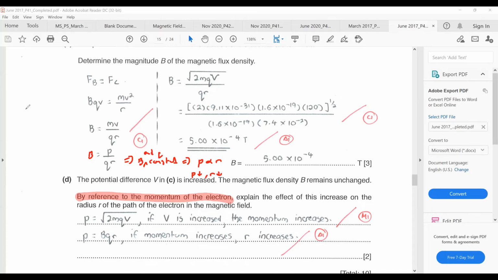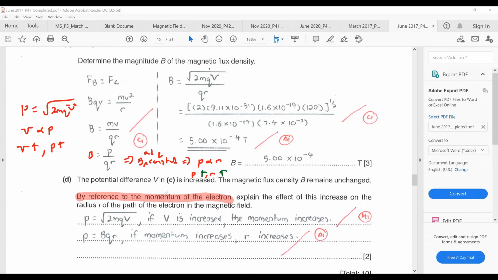Now your P is actually square root 2MQV. Your V is proportional to P. So if your potential difference increases, your P would increase. So subsequently, from looking at this equation here, if your P increases, your R would also increase.